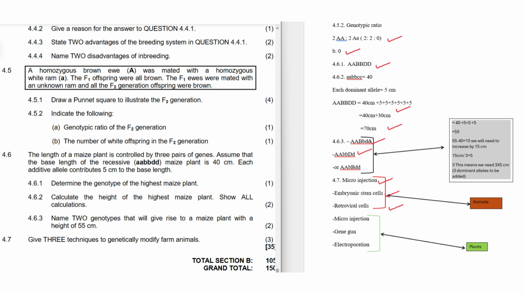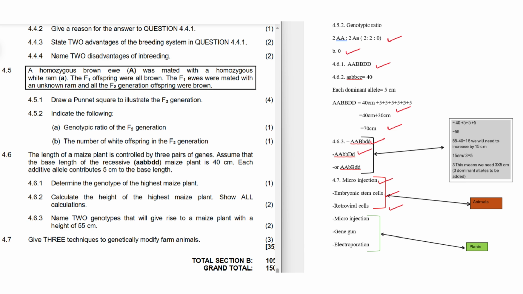Then the number of white offspring in the F2 generation. They told us to make sure the offspring are all brown, and that the ram produces gametes that are dominant, so that the offspring can carry the recessive allele.